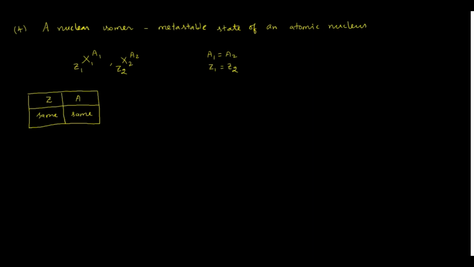Such a nucleus we call an isomeric nucleus or isomer. So the point here, I'm just repeating, is that a nuclear isomer is in a metastable state of an atomic nucleus, and another one is in a different quantum state.